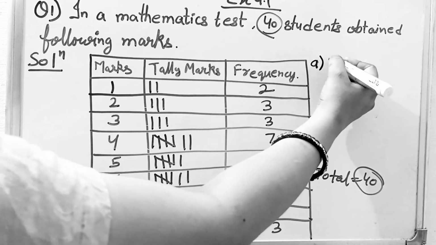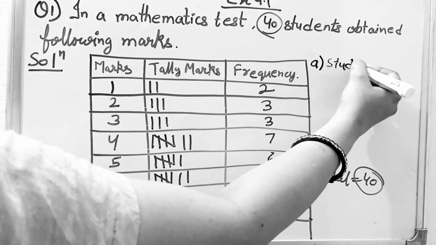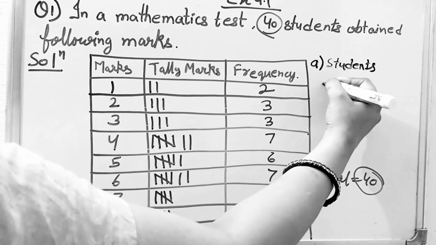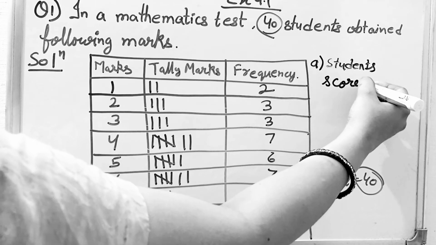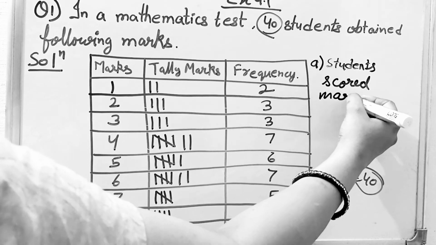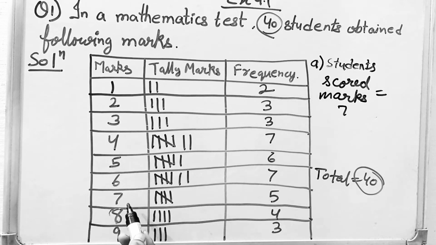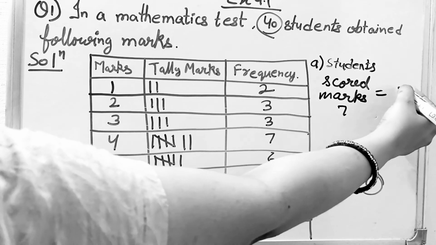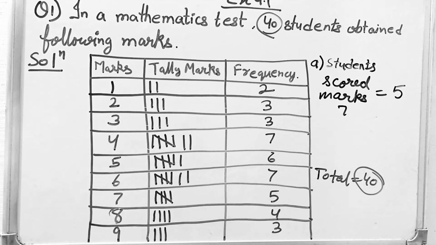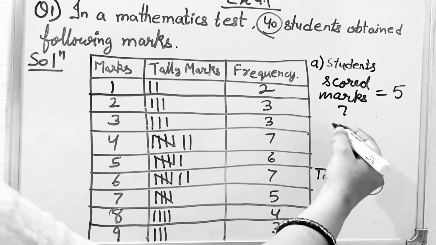So students who scored marks 7 are how many students? 5 students have scored 7 marks. So we will write here 5. In the same way, we will write the number of students who scored marks 8, that is 4.